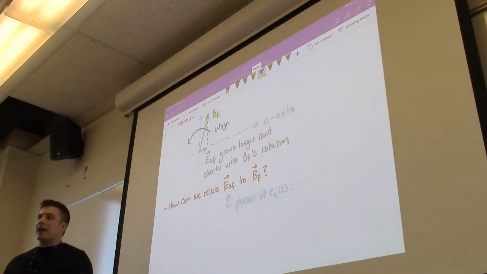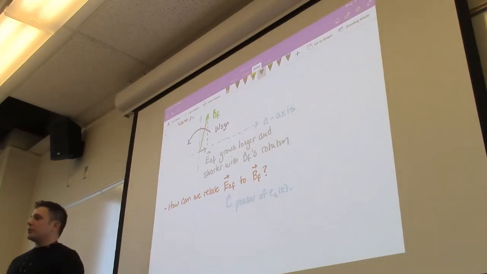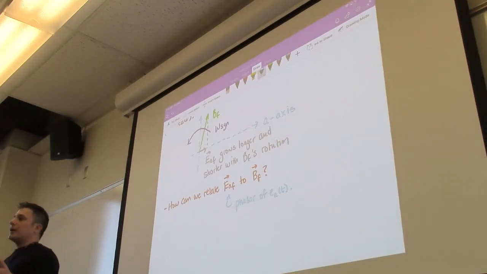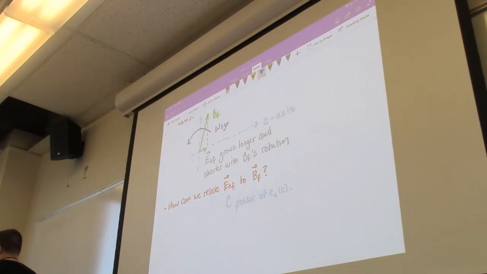The subscripts AF refer to it being a product of the mutual inductance between the phase A and the field winding. So A as in A phase, F as in field winding.